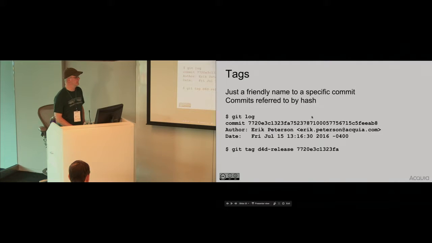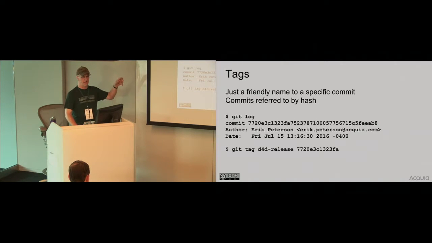I truncated this a little bit because this is actually a slide about tags. People talk about branching and tagging in Git, and it's really, don't think about it as branching and tagging, think about it as commits and tags. Because a tag is really just a friendly name for a specific commit.